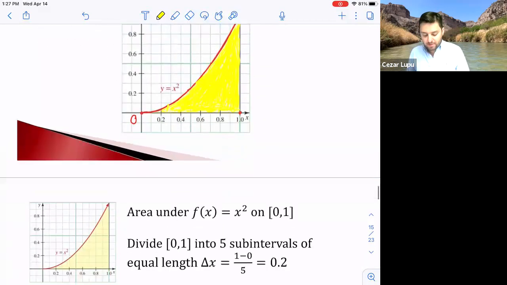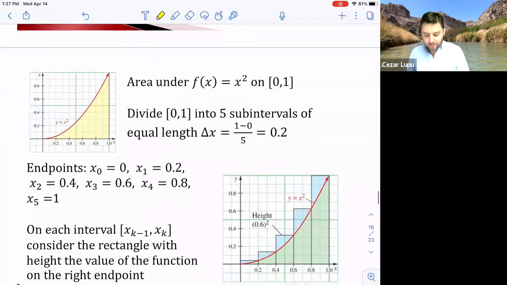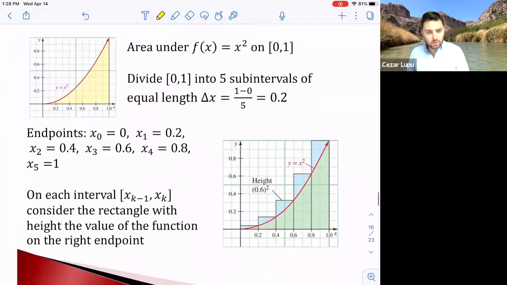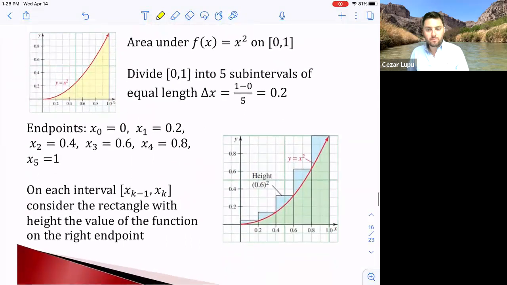So let me explain this. I want you to look at this picture. So I'm considering this function, f of x is x squared on 0, 1, right? And what I'm going to do is the following. I'm going to divide the interval 0, 1 into 5 subintervals of equal length.